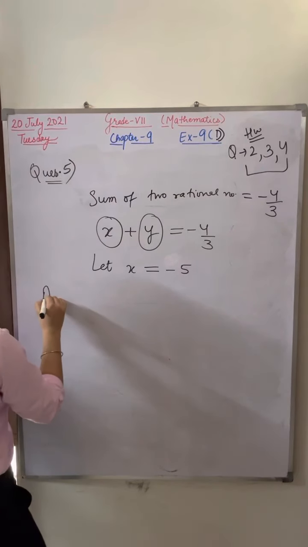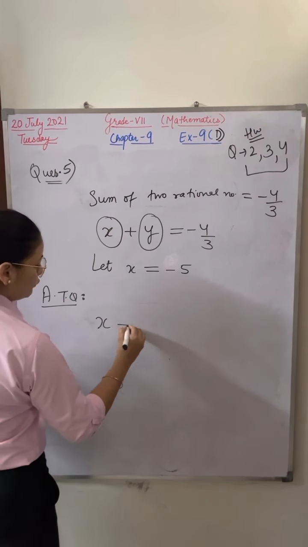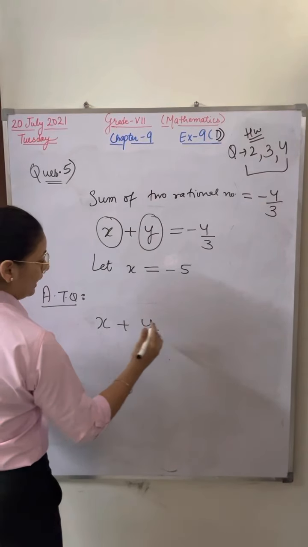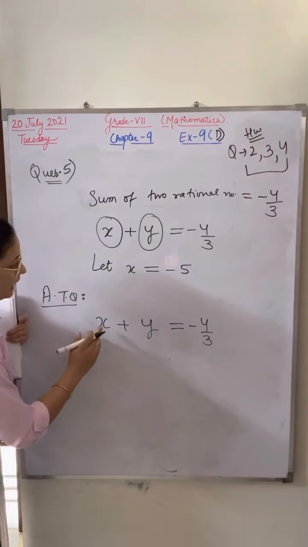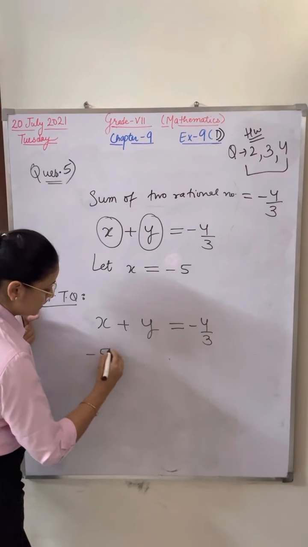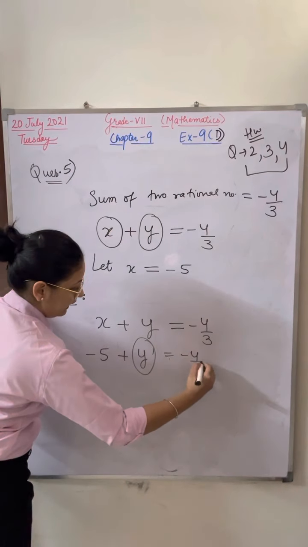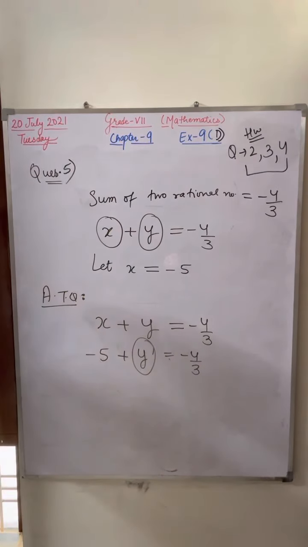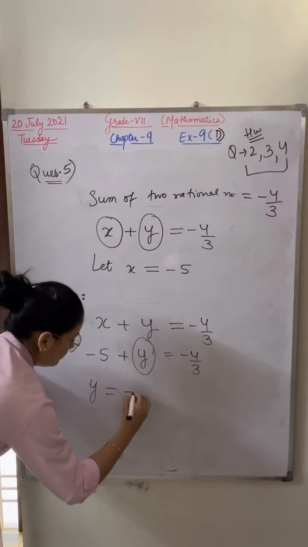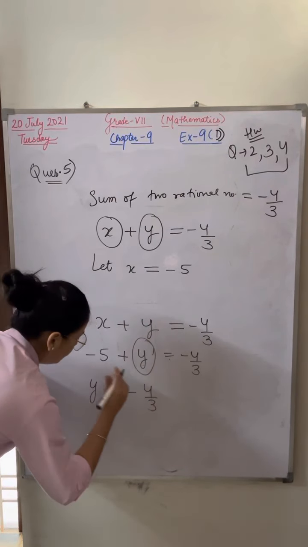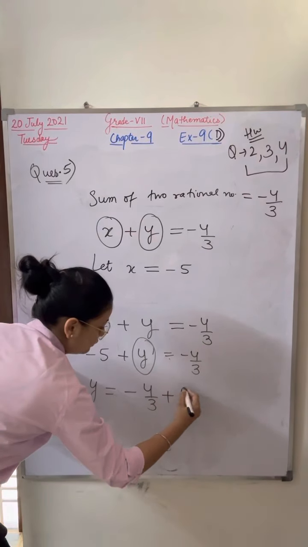So according to the question, the addition of the two numbers x and y is equal to -4/3. Okay, x is -5. So find out the value of y. Okay, now y will be here. -4/3 is here. -5 will go that side, and that will become +5.